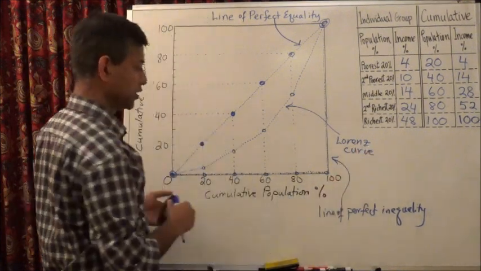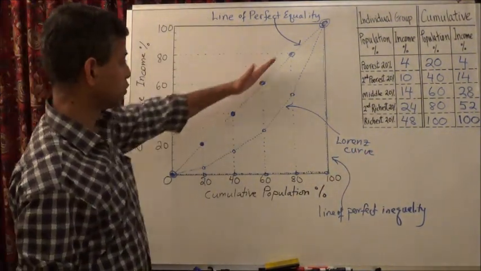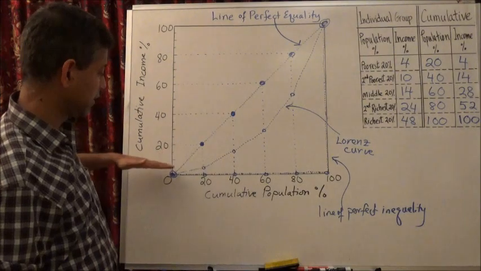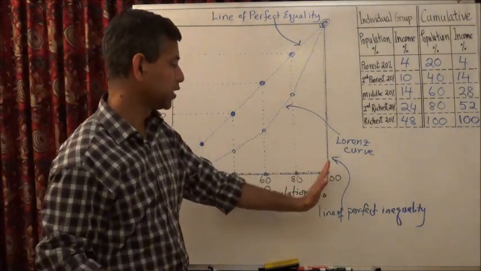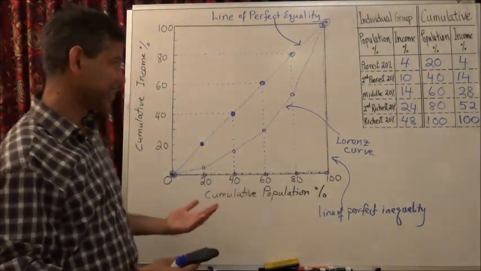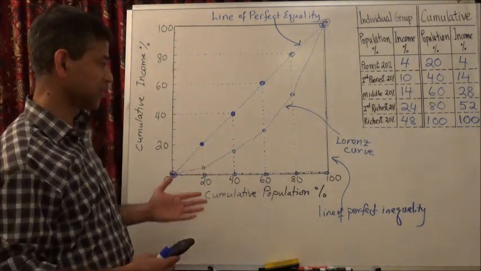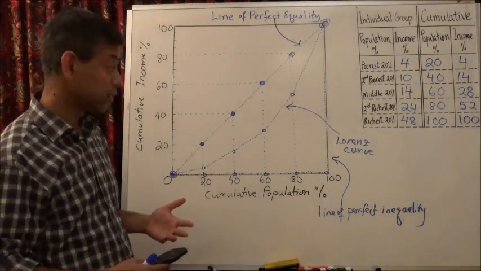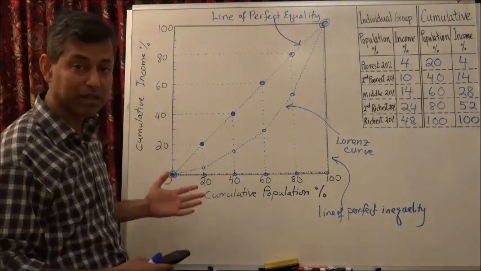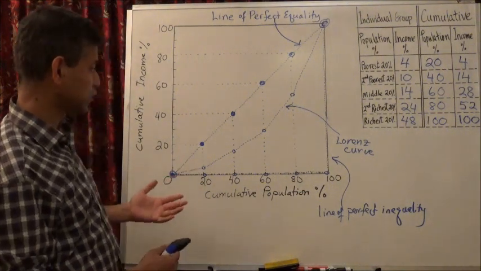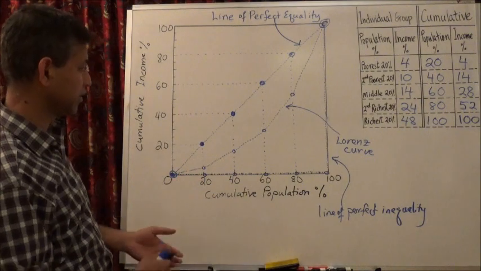And it's falling between the Lorenz curve that would have captured perfect equality and the Lorenz curve that would have captured perfect inequality. And so the purpose of the Lorenz curve is exactly that, to give us a visual sense of income distribution, to give us a visual sense of the income inequality. And the question of, well, where is the income inequality here?